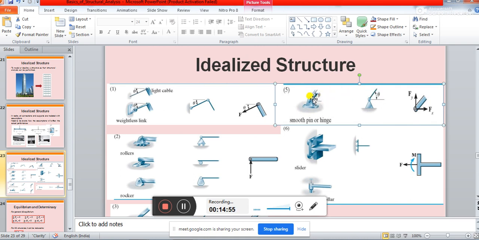If a member is somehow attached like this, and it is inclined at an angle theta to the horizontal, and if I idealize this support as a pin, then it will become like this, and you know what happens to a pin. A pin will have two reactions in it. So there will be Fx and Fy.